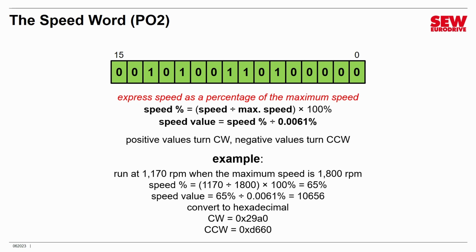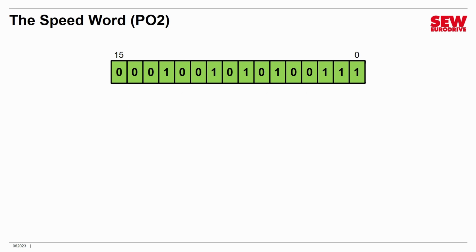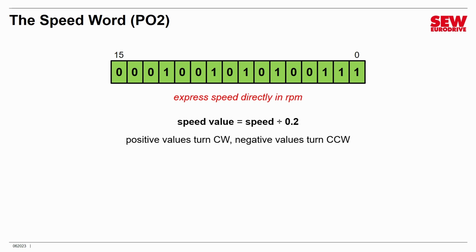Now, what if you wanted to just send simple RPMs? That's a little easier. Here's what you would do. If you want to express the speed directly as RPMs, you would take the speed you wish to turn, divide by 0.2 RPM, and that would give you a number that you could convert to hexadecimal. Again, positive numbers will turn clockwise, negative numbers will turn counterclockwise. So another example here, let's say you wish to run at 955 RPM.